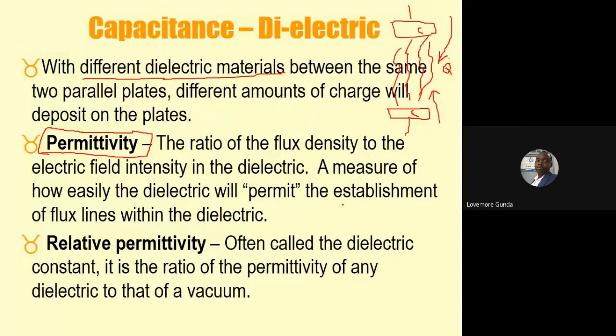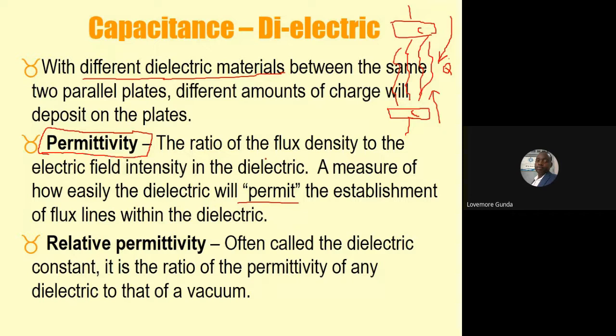So permittivity, in simple terms, is the measure of how easy a dielectric can permit the establishment of flux lines within the dielectric. So it simply means that if the permittivity is higher, you can also establish more flux within the material.